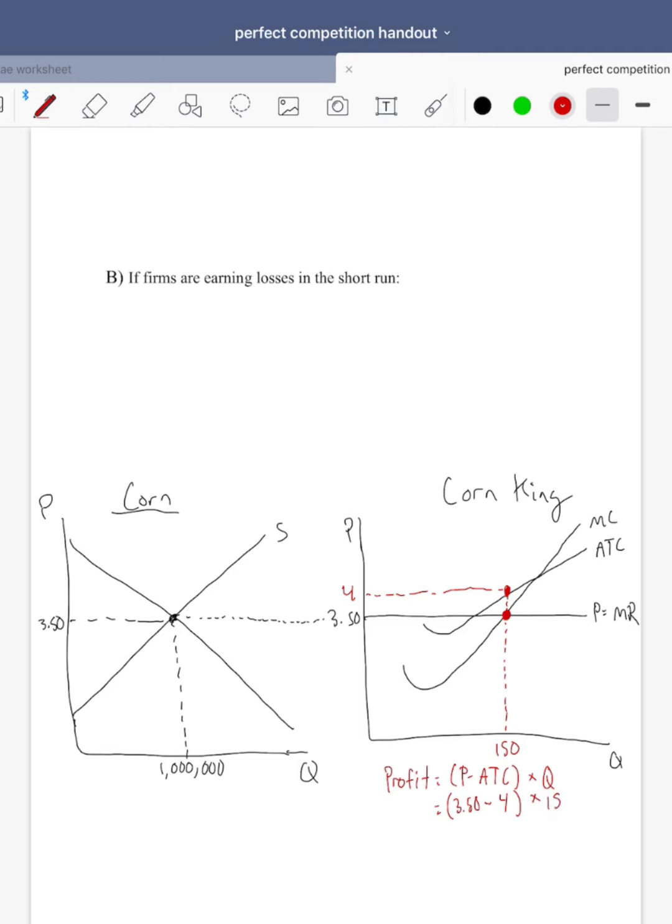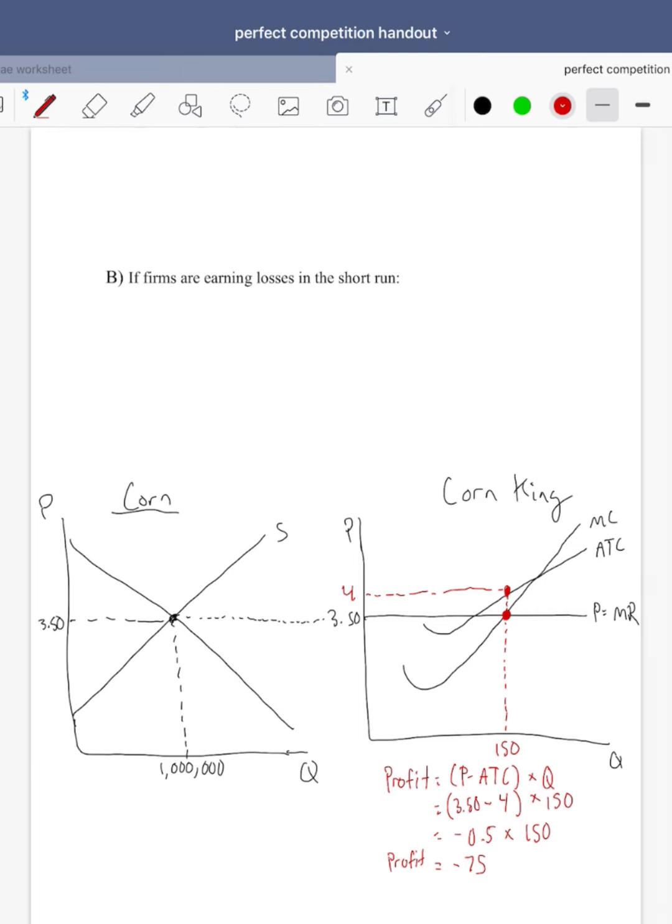So price was $3.50. Our average total cost of producing 150 units is $4. And our quantity is 150 units. So 3.50 minus 4 is going to give us negative 0.5.